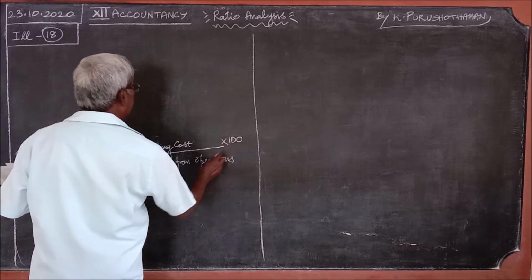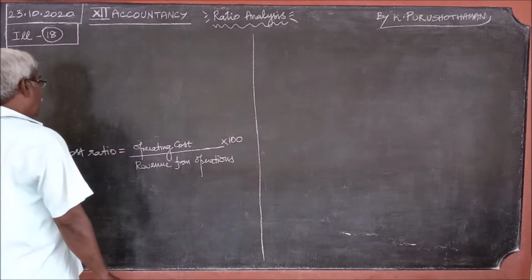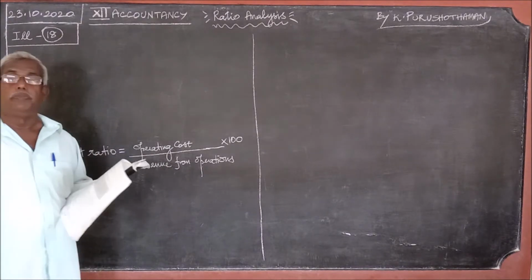In this profitability ratio, that is the fourth type we are going through now.